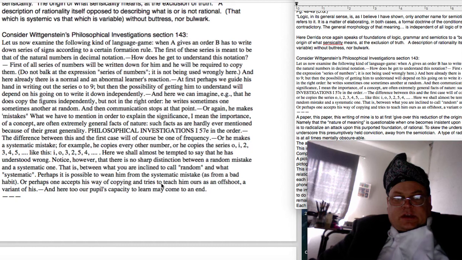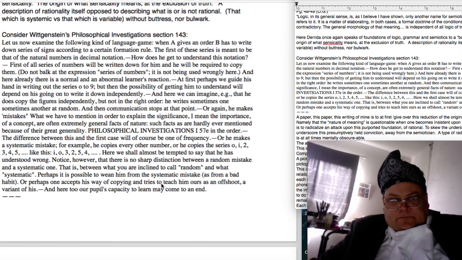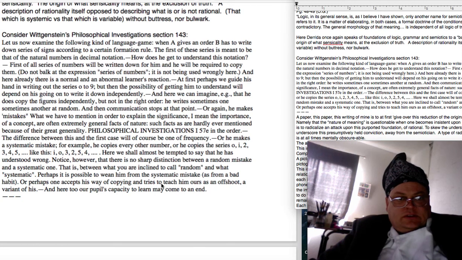Such facts as are hardly ever mentioned because of their great generality. Philosophical Investigations 157E. The difference between this and the first case will of course be one of frequency, or he makes a systematic mistake. For example, he copies every other number, or he uses the series 0, 1, 2, 3, 4, 5, like this: 1, 0, 3, 2, 5, 4.